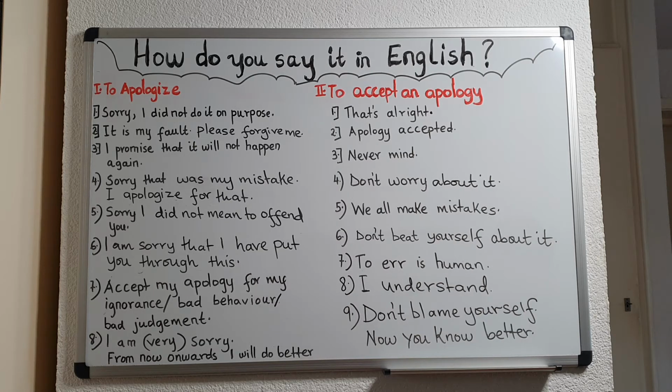Number 6, I'm sorry that I have put you through this. What you mean by saying this is you have done something wrong, and because of that, it has cost the other person a lot of pain and a lot of inconvenience in their life.